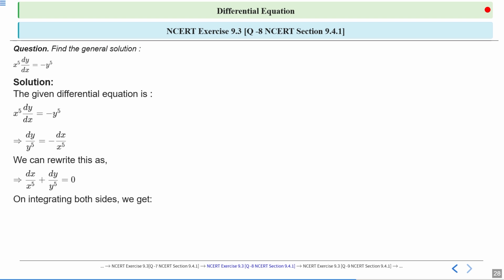After separating the variables, we integrate both sides. We get integral of dx by x to the power 5 plus integration of dy by y to the power 5 is equal to k, where k is any constant.